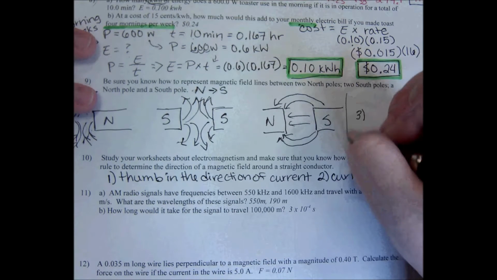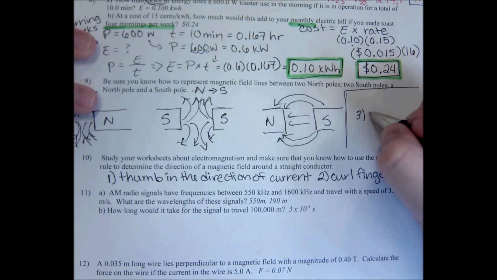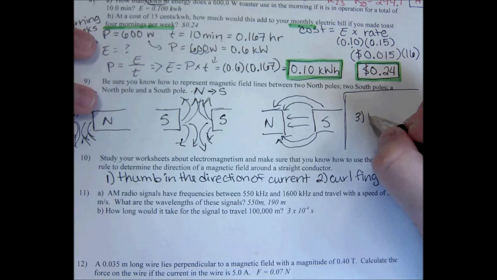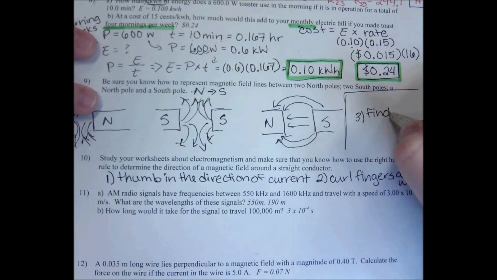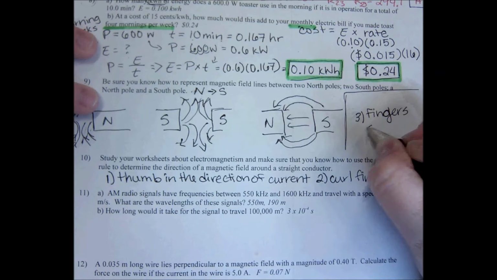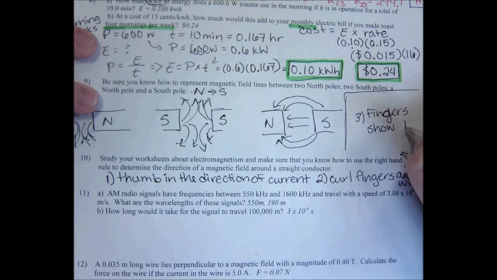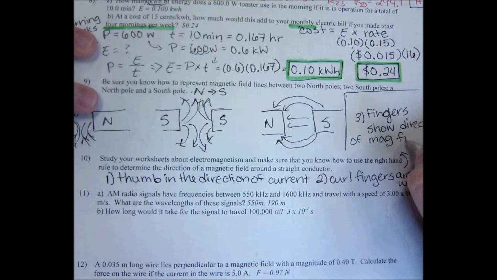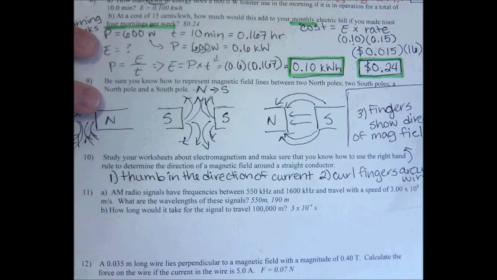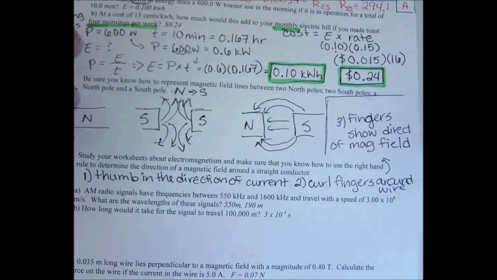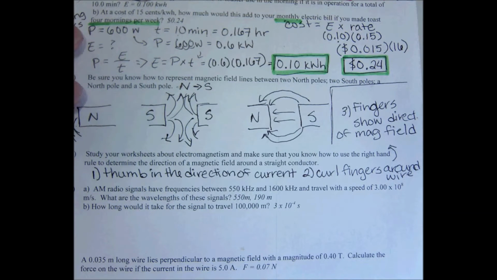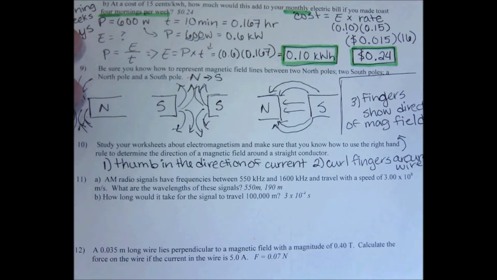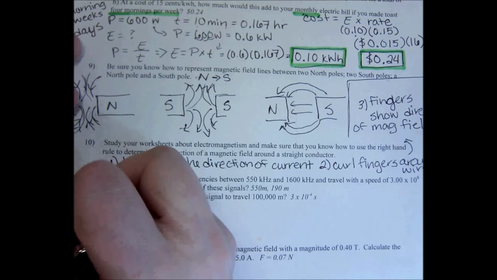And third, your fingers show the direction of your magnetic field. Again, there's not a good way for me to show that on here, so I would strongly recommend you look that up in your notes a little.